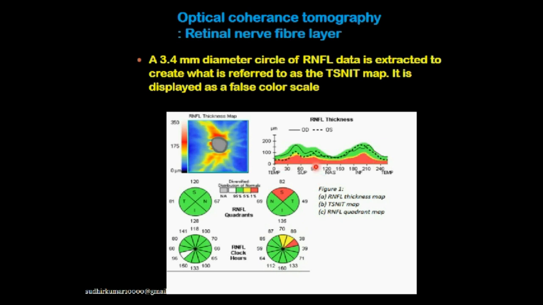And for each eye, if this thickness remains in the green zone, it means it is normal, and if some part of this dips into the red zone, it means that the retinal nerve fiber layer is thin here. And in this manner, anatomically, we can see the real damage of the retinal nerve fiber layer due to glaucoma.